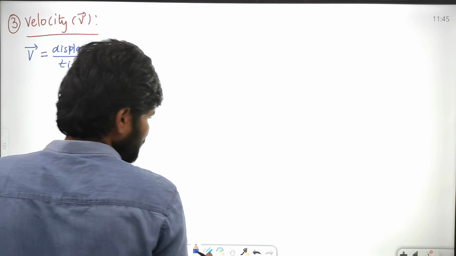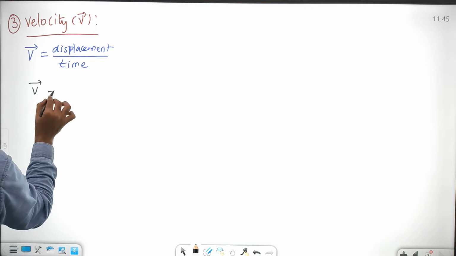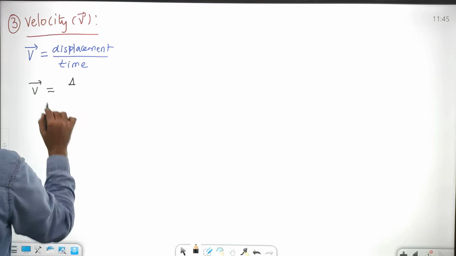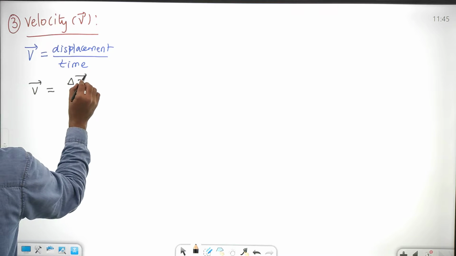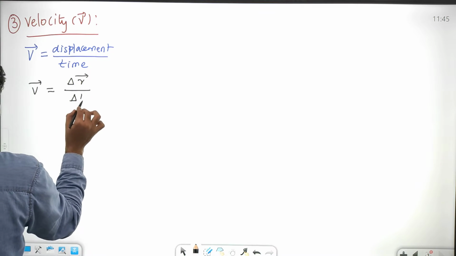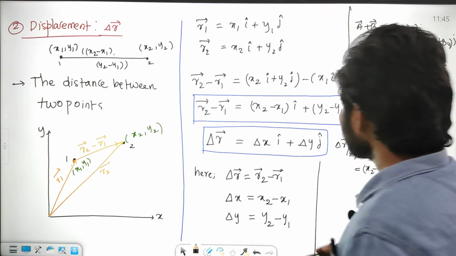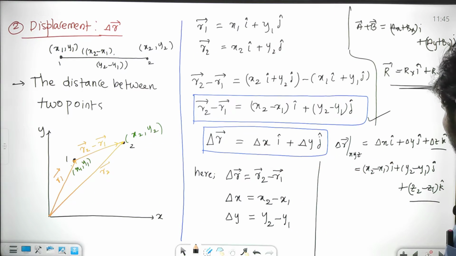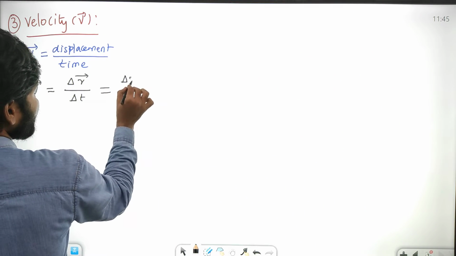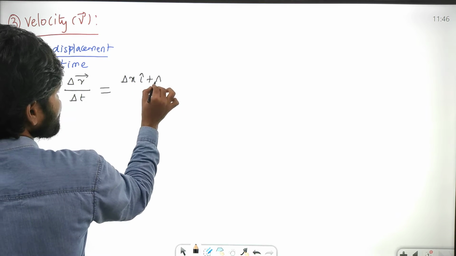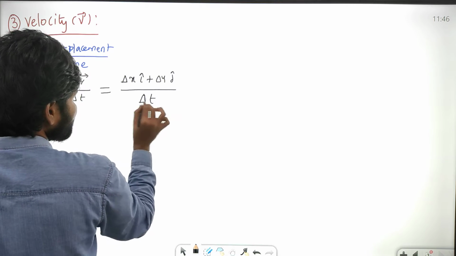Displacement is nothing but delta r, and time I am taking as delta t. What is delta r? Delta x i cap plus delta y j cap. Take it: delta x i cap plus delta y j cap divided by delta t.